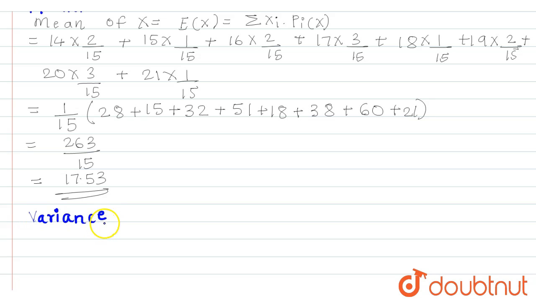Variance is calculated as, let's write the formula for variance. So variance is E bracket x square minus E of x bracket square. Yeah, this is the formula for variance.